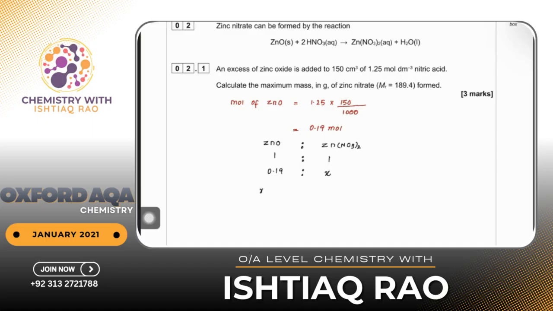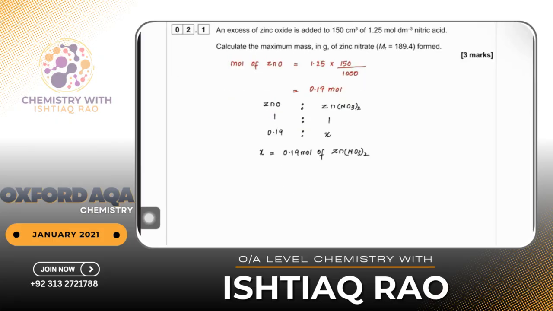It would be the same. Yep, they're going to be the same. So now we just have to get the Mr, which is 189.4.